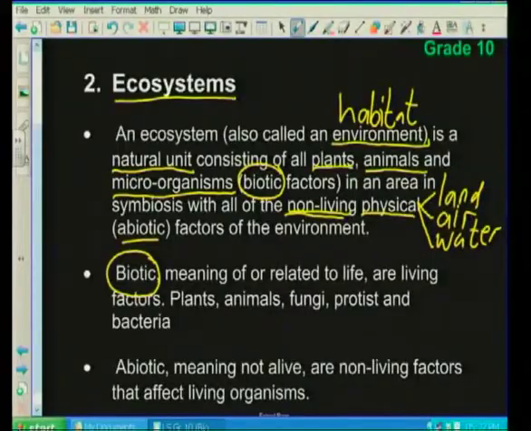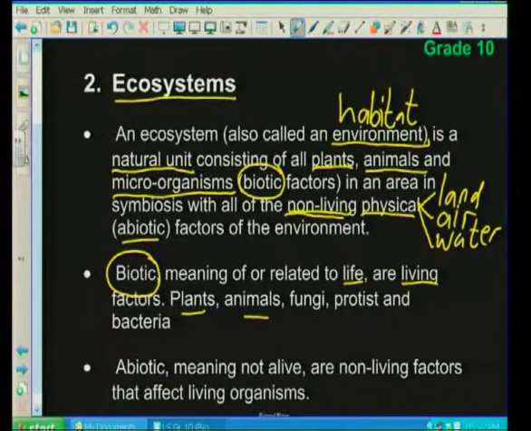The word biotic, just quickly to revise, means it's related to life. Bio is life. So it's living factors. I don't know how many times we said this before, but biotic is living organisms, which is plants, animals, fungi, protists, and bacteria.